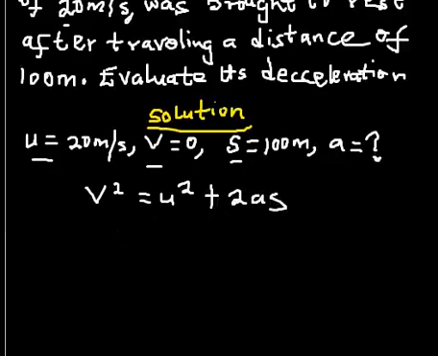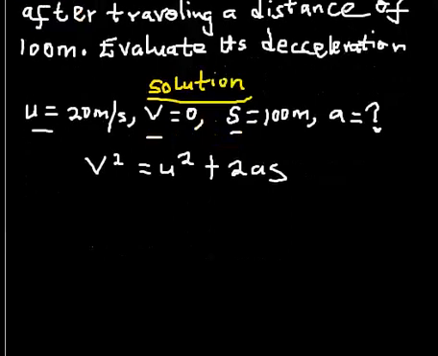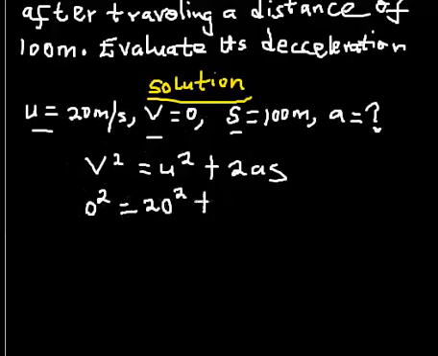Okay, how do we flow? Now we have that v is equal to 0 square, u is equal to 20 square, then plus 2 times the acceleration, which I need to find, that's what I'm looking for, then times 100.